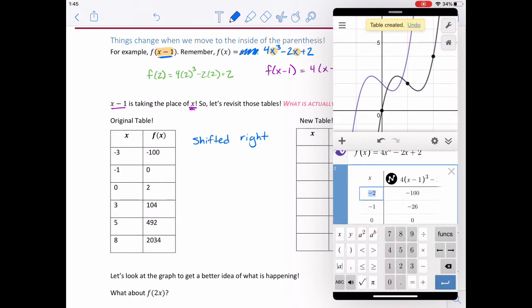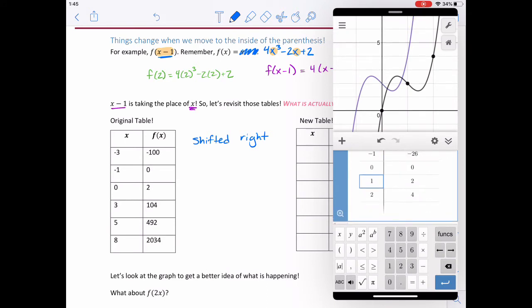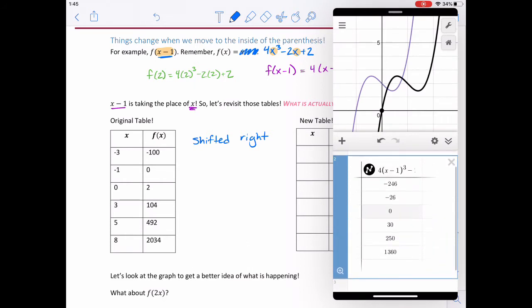And if we put in our original values, -3, -1, 0, 3, 5, and 8, there isn't really a discernible pattern going on here, right? -1 was 0, now it's -26. -3 was -100, now it's -246. 0 was 2, and now 0 is 0.